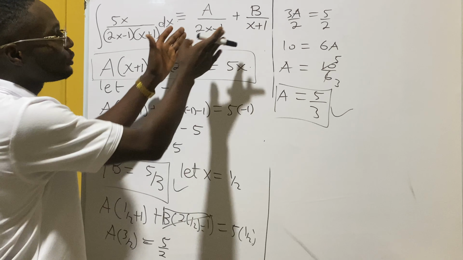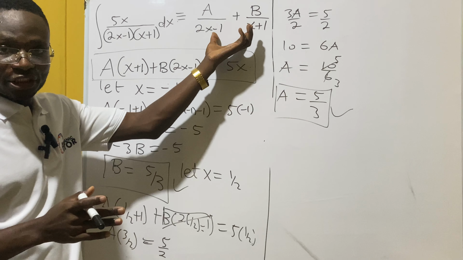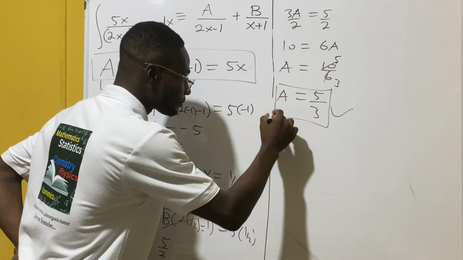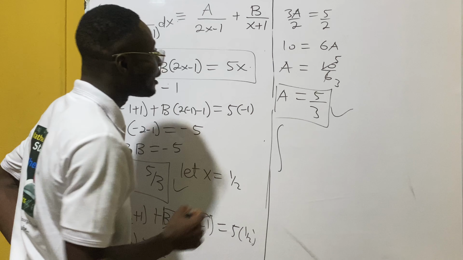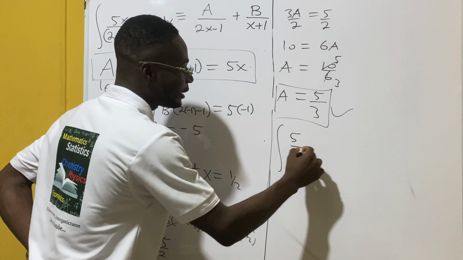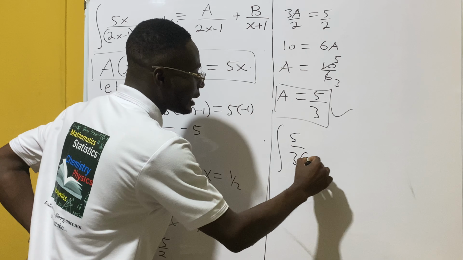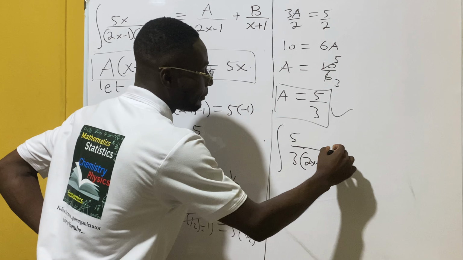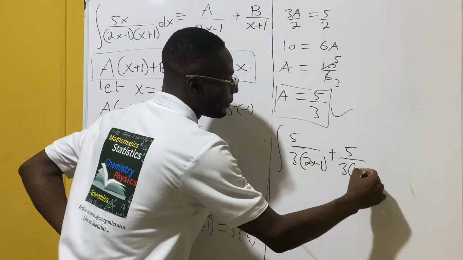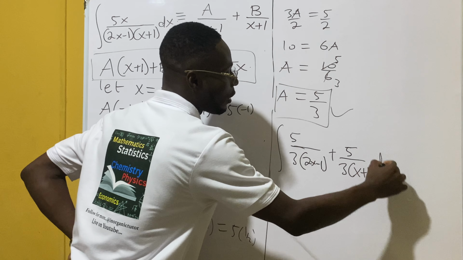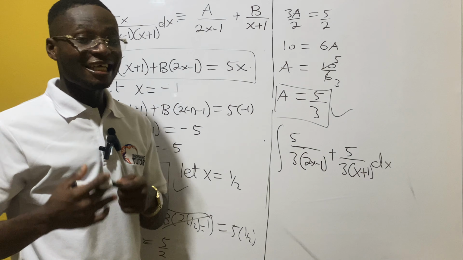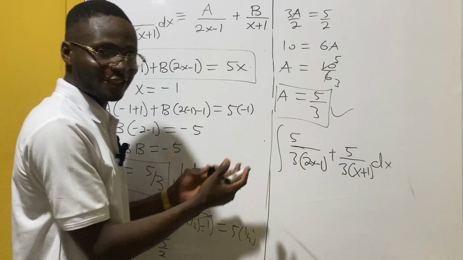What we do is substitute into the expression so that we can integrate. Now we have the integral of our A, which is 5 on 3 into 2x minus 1, plus our B, which is also 5 on 3 into x plus 1, dx. Now we can easily integrate this expression.